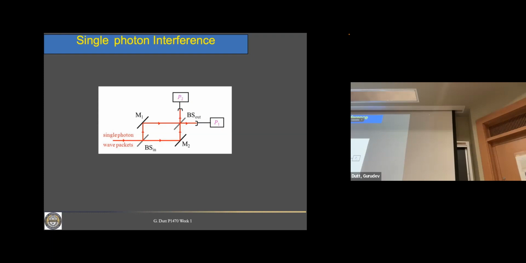Then I get something like that as I tune the fringe. It doesn't go below 0, of course, and the other detector will obviously have the opposite pattern. That is just by tuning the interference of this interferometer.